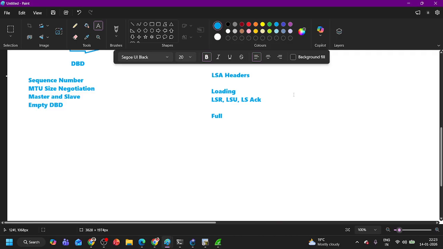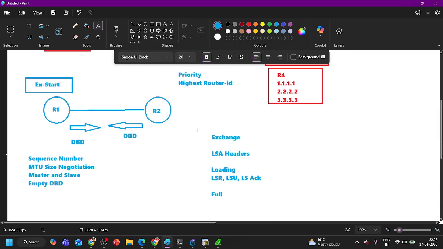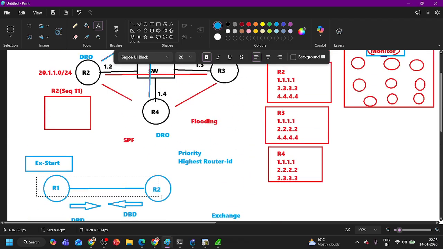After that NSSA LSA. You need to learn LSA 1 to LSA 5 and LSA 7. We'll see that tomorrow. But all the LSAs will be exchanged in Loading state.